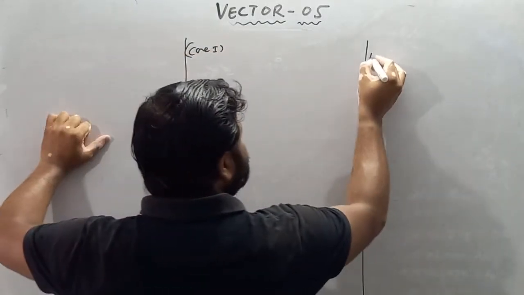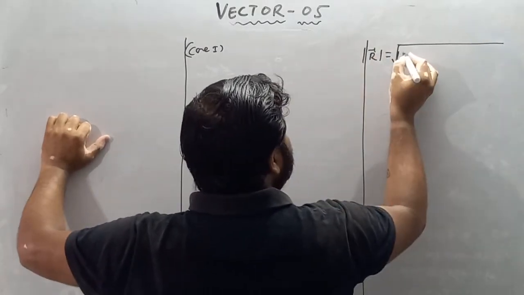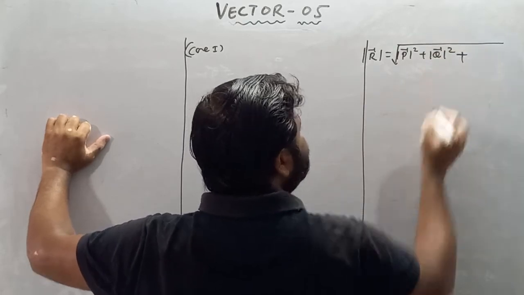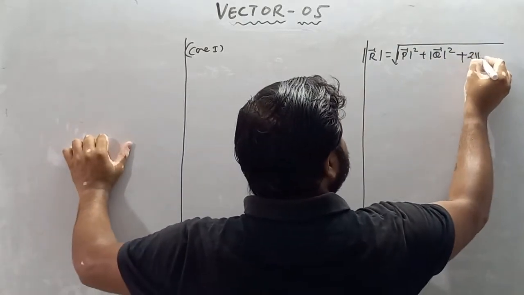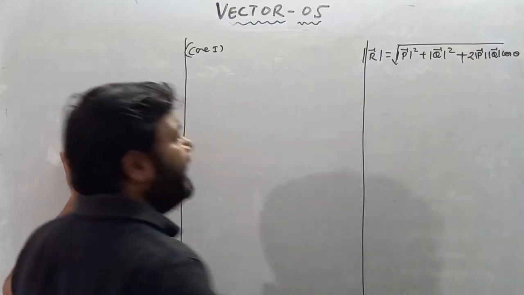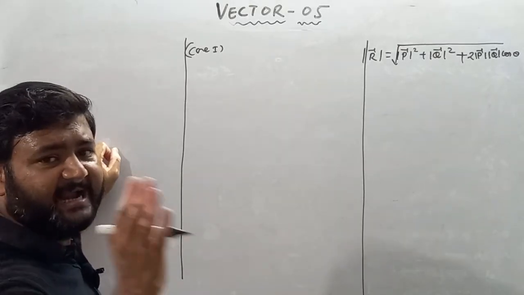Now we know that the magnitude of resultant vector is under root of magnitude of first vector squared plus magnitude of second vector squared plus 2 times magnitude of first vector, magnitude of second vector, and cos theta, where theta is angle between first vector and second vector.